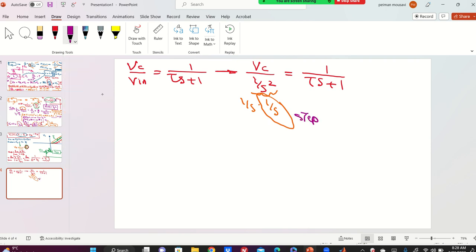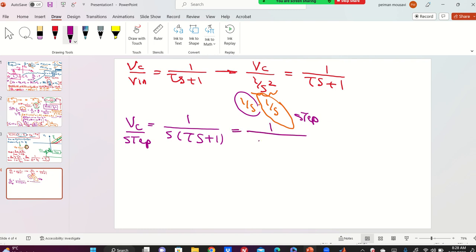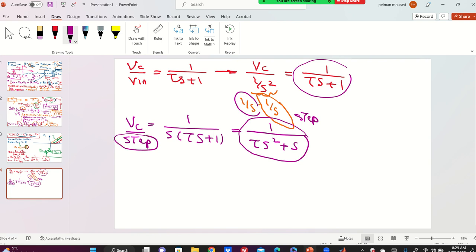Because we have a step command in MATLAB coding, Vc over step is 1 over s times (tau s plus 1), which is tau s squared plus s. I reshaped the closed loop transfer function from first order to second order, but with a step input, and it's going to give me the ramp response.